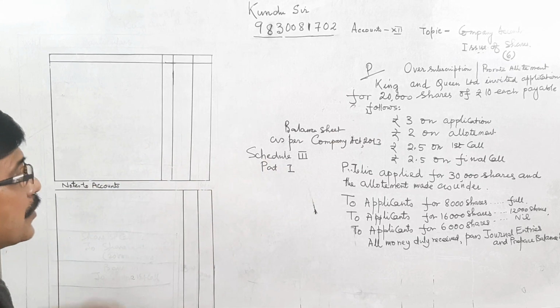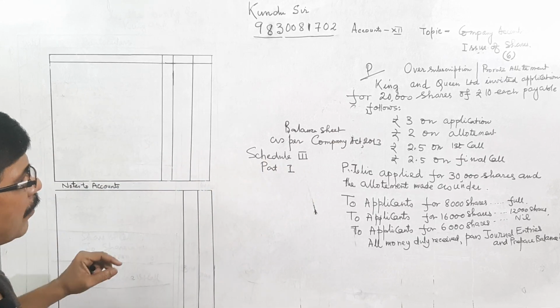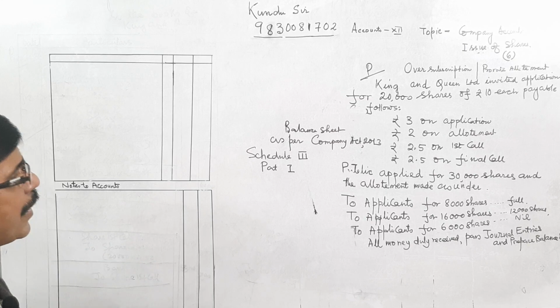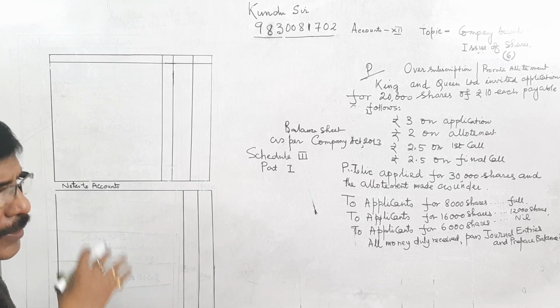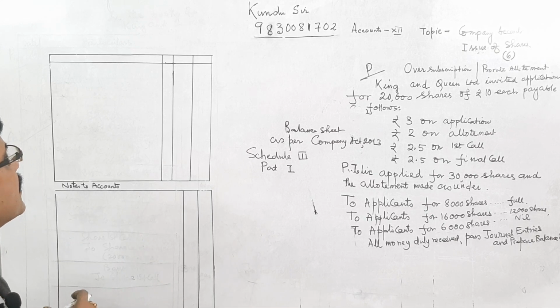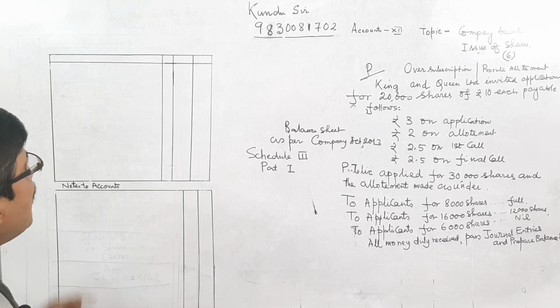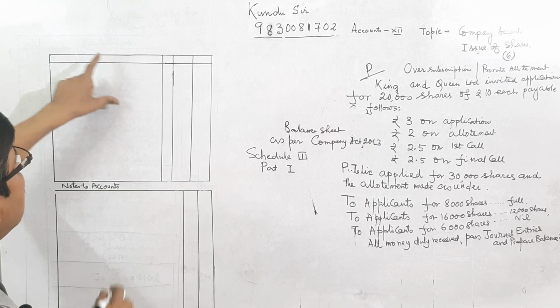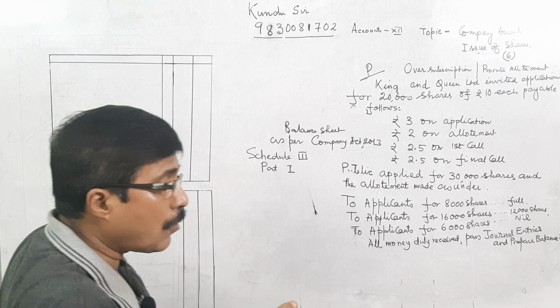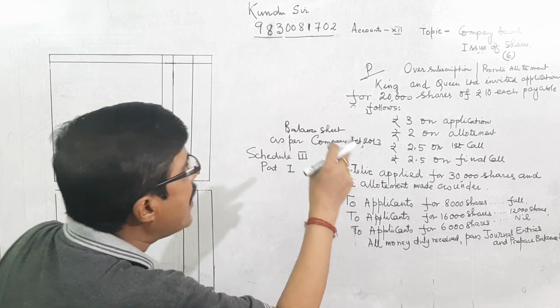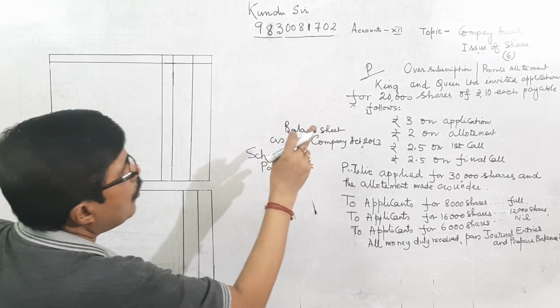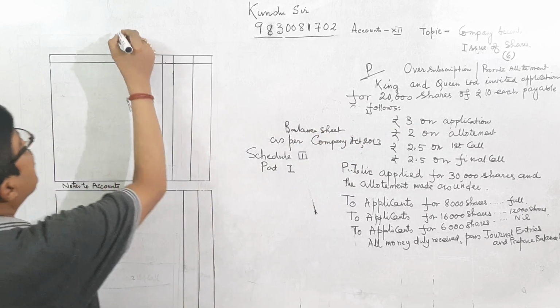A specific format is given to prepare the vertical balance sheet. It is not a horizontal balance sheet, it is a vertical balance sheet. First we should write here the balance sheet of the company, that means balance sheet of King and Queen Limited.